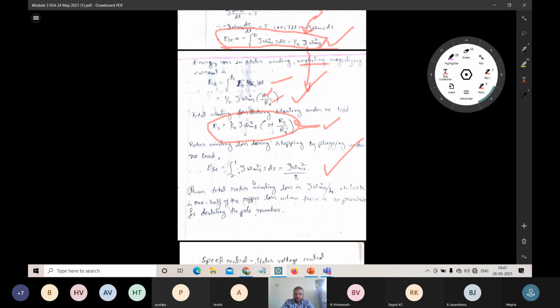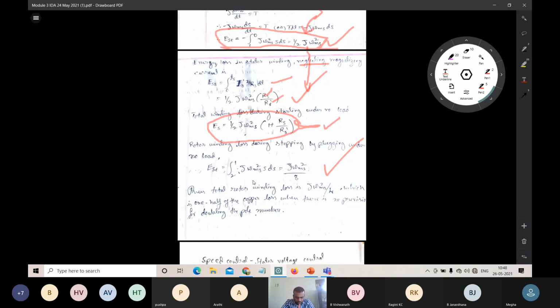So the total rotor winding loss is obtained by combining both starting as well as stopping. If you observe these two equations, you have to add them.